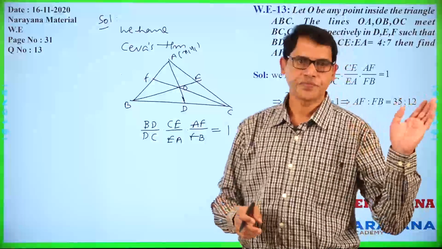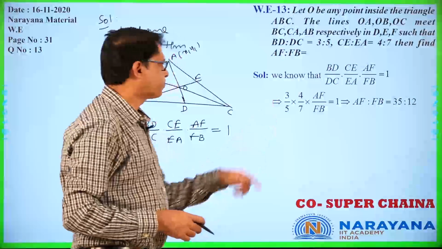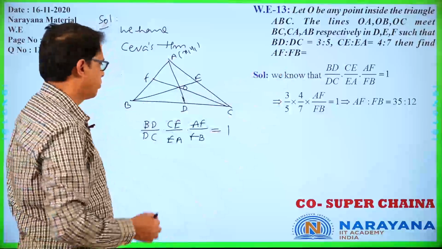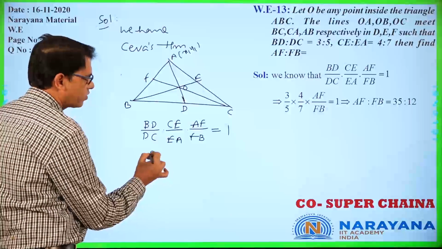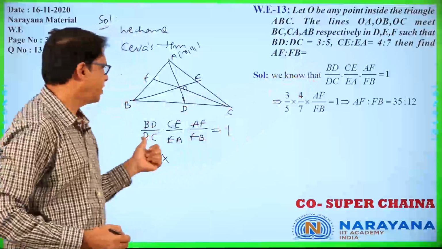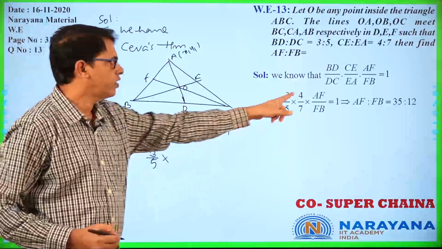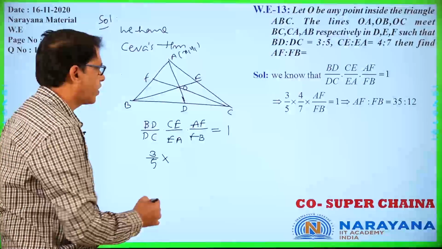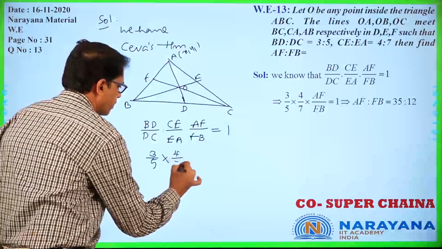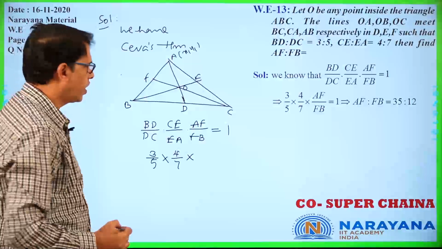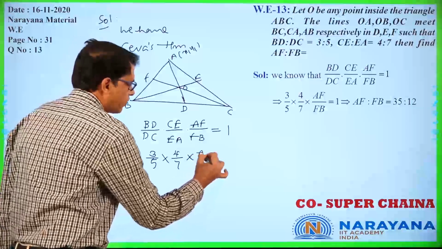Now come to our question. What is given? BD upon DC is given as 3 by 5. Then CE by EA is given as 4 by 7. AF upon FB is the required value.